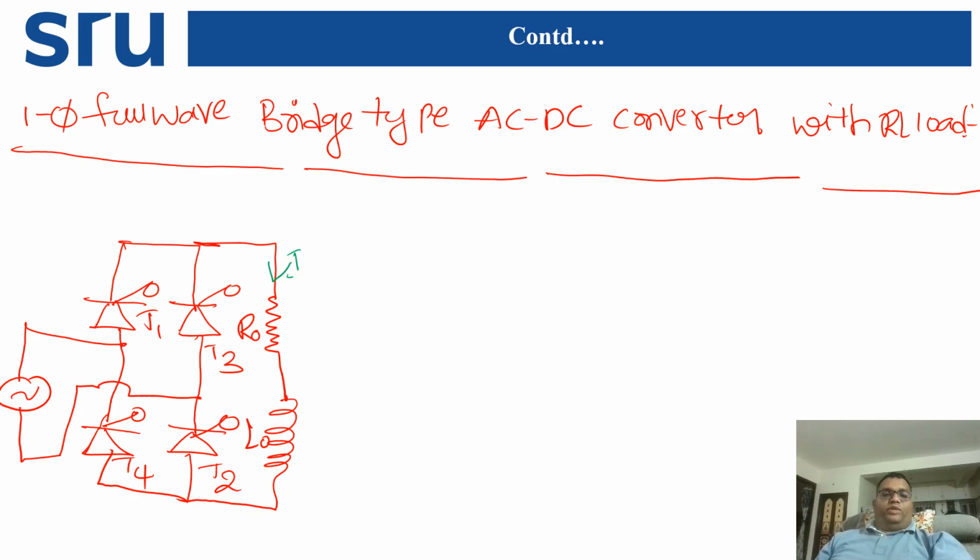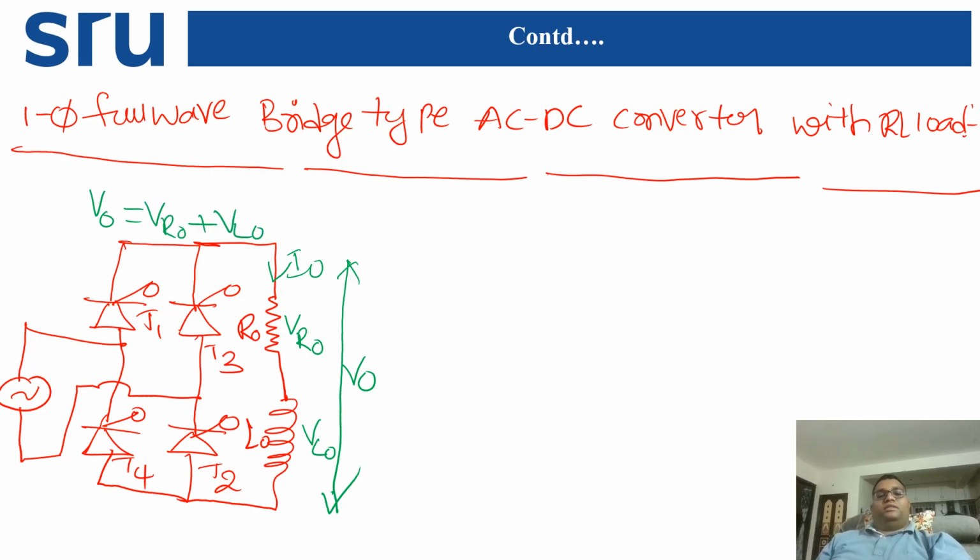The current direction will be I naught. R across that is VR naught, L across this is VL naught, and the total will be V naught. So we can write V naught is equal to VR naught plus VL naught.